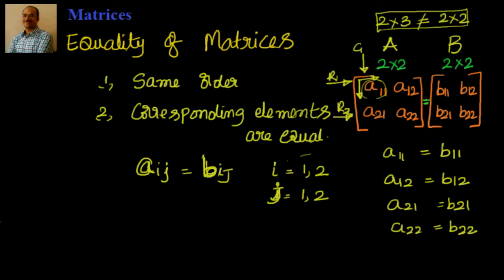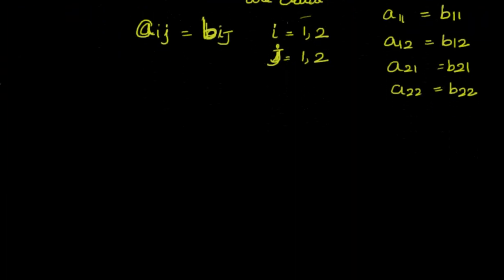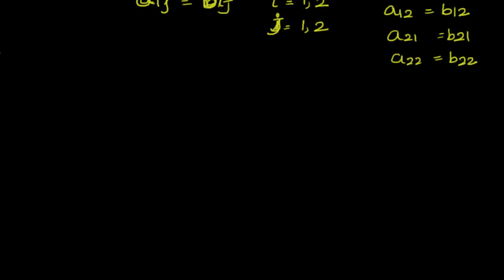Now let's take a simple example and see how a problem can be asked on equating matrices. Let us say that we have been given two matrices which are equal, and both of them are 2 by 2. I will write them now.